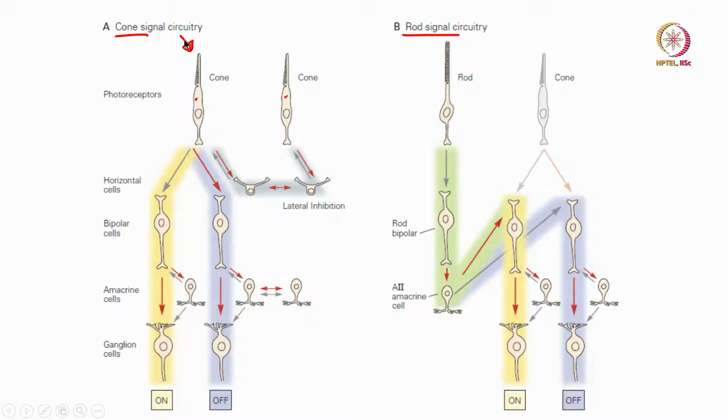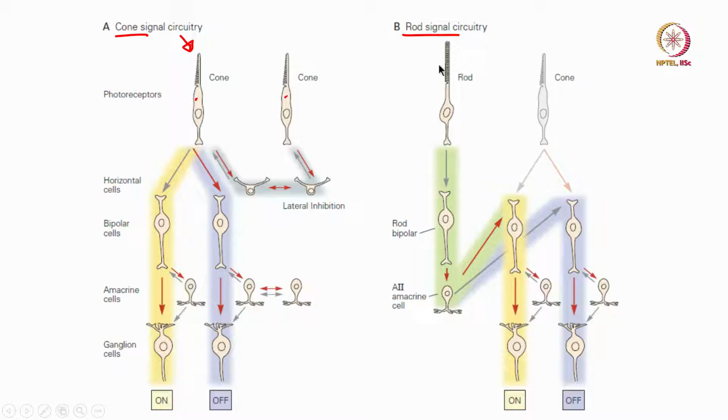So, one photon causes one ganglion cell to be on and the adjacent ganglion cell to be off. Not only that, this cone also signals horizontal cells, which are involved in the subsequent pathway of the adjacent cone negatively, causing something called lateral inhibition. So, you have a central on and then the adjacent off.